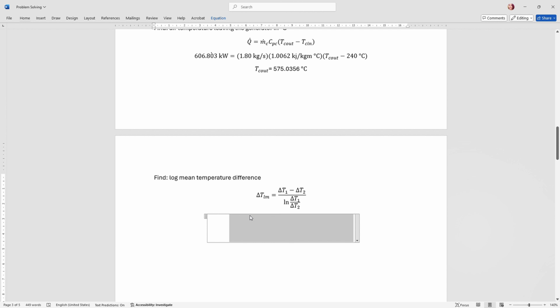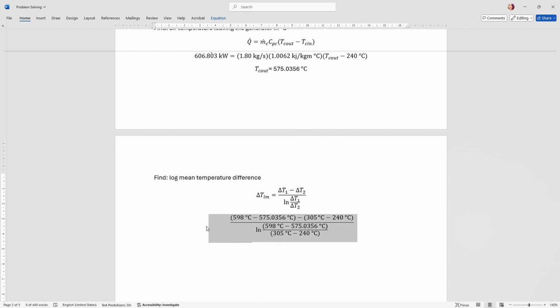So, substitute lang natin ang mga values. 598 minus 575 minus 305 minus 240 all over ln ng 598 minus 575 over 305 minus 240. So, ang final answer natin dyan is 40.4017 degrees Celsius.